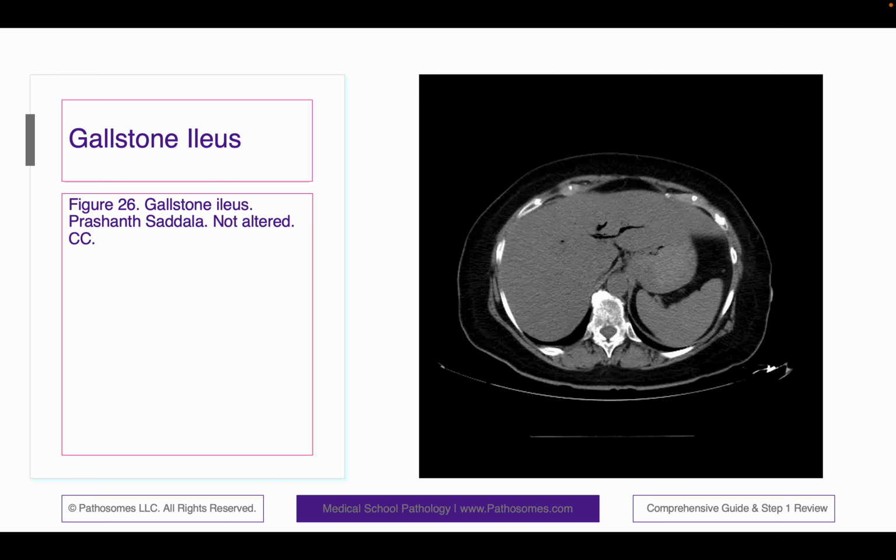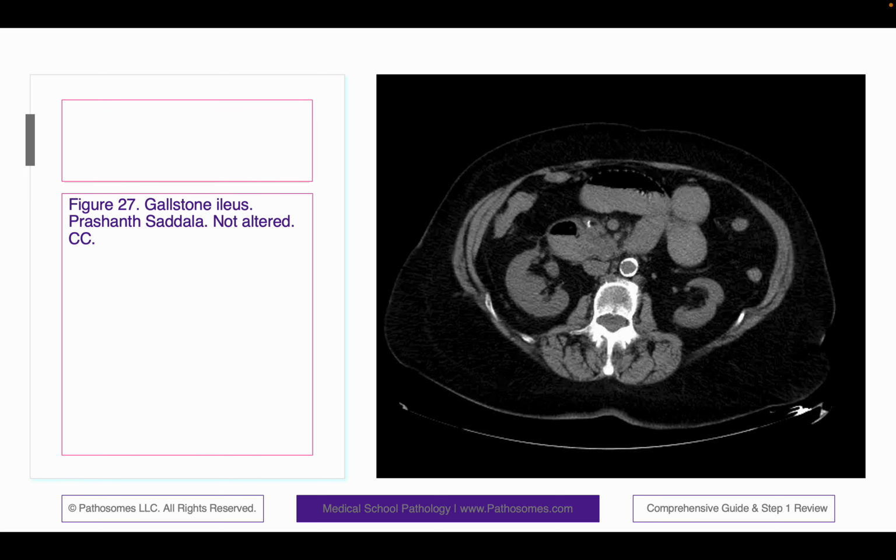And here we have an image showcasing gallstone ileus. And more gallstone ileus.